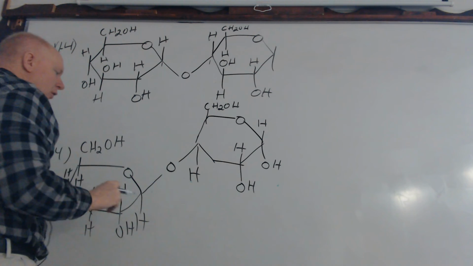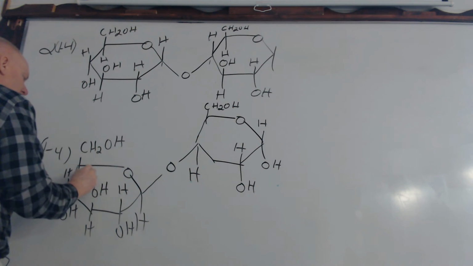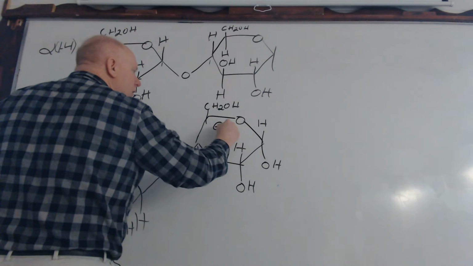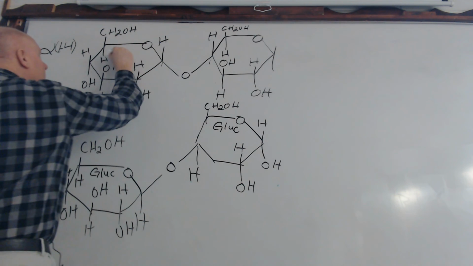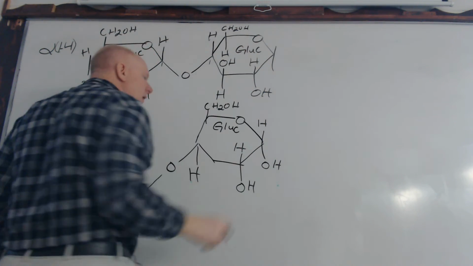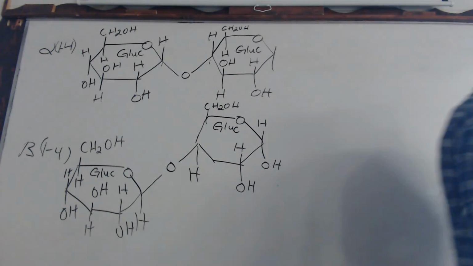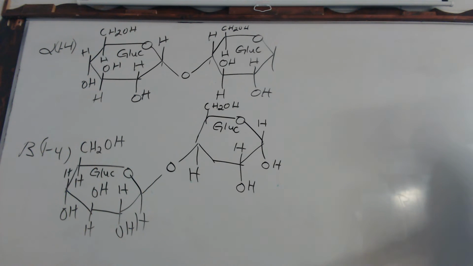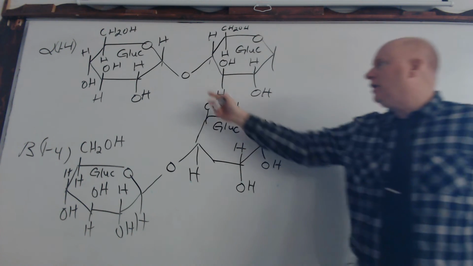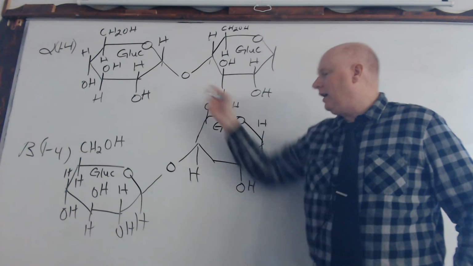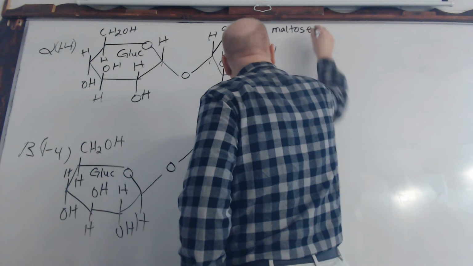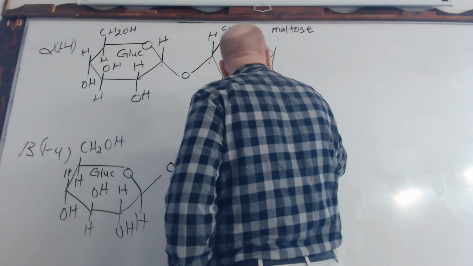So we have two distinct disaccharides. This is a glucose molecule. This is still a glucose molecule. So is this one, and so is this one. Even though these are all glucose molecules, the difference is in how they're linked. So in this case, if I remember correctly, this one was maltose, and then this one was cellobiose.